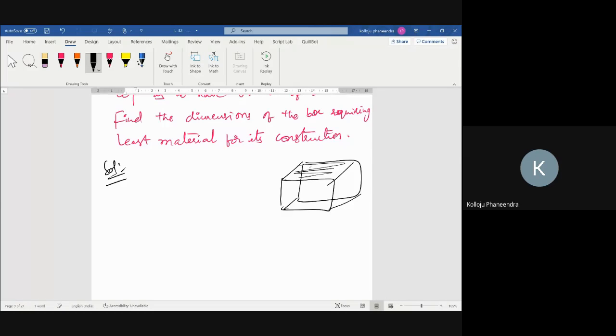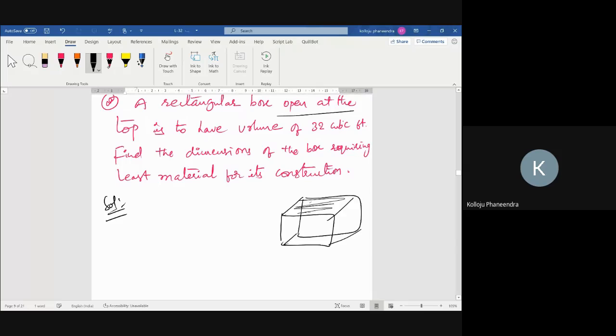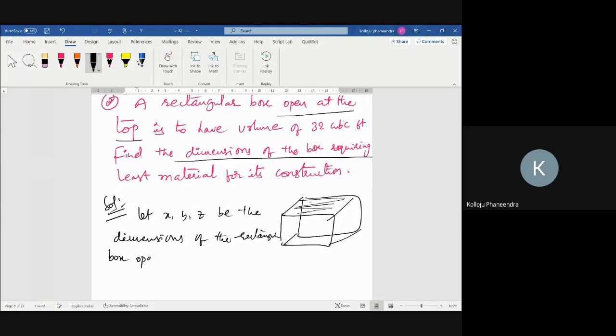It is given clearly: a rectangular box open at the top. Find the dimensions of the box. Therefore, first let x, y, z be the dimensions, length, breadth, and width of the rectangular box.